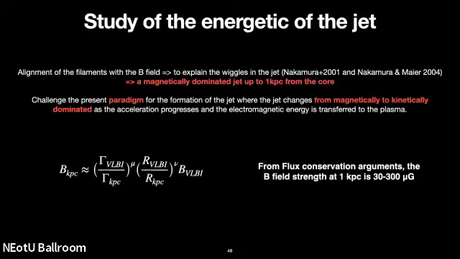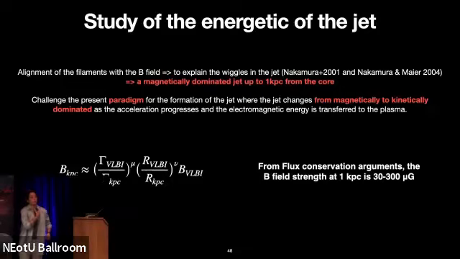But as I said here in the slide, you would need a magnetically dominated jet up to the kiloparsec scale. So this challenges this paradigm where the jet changes from a magnetically to a particle dominated jet.